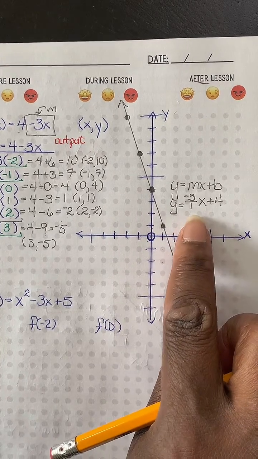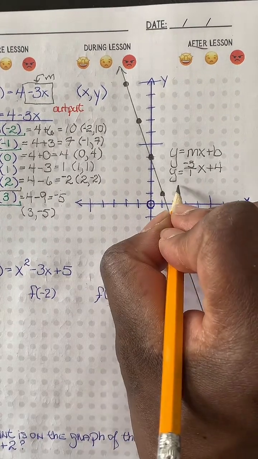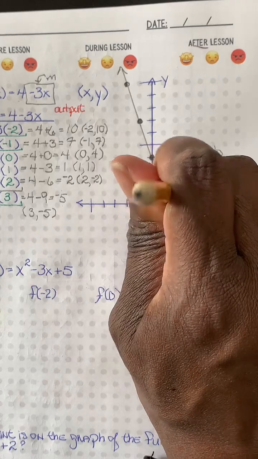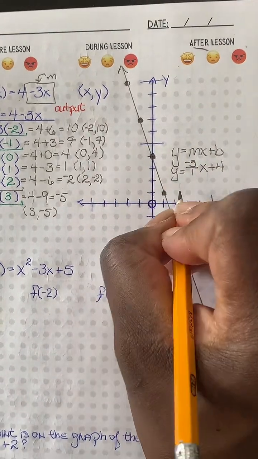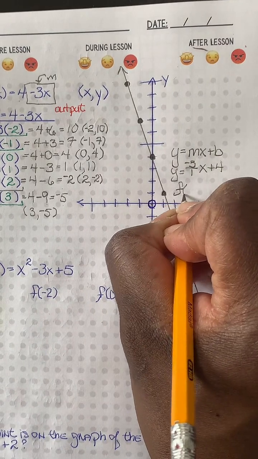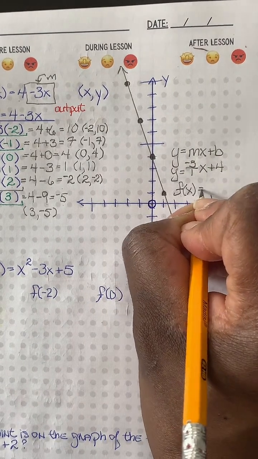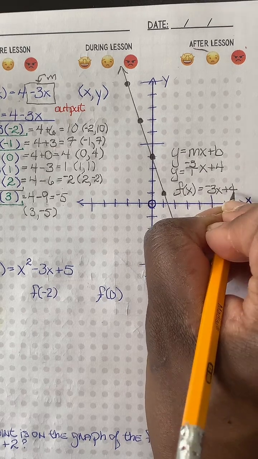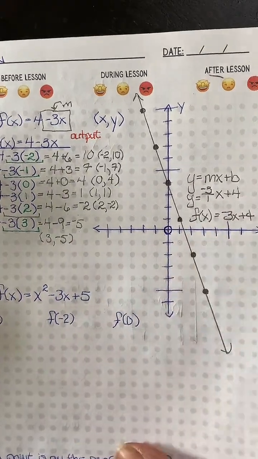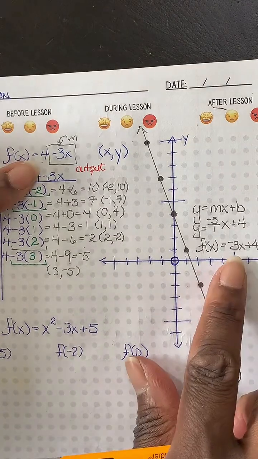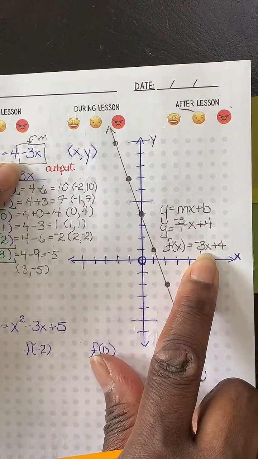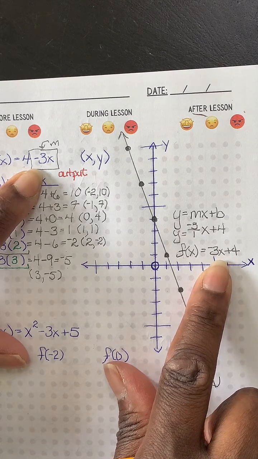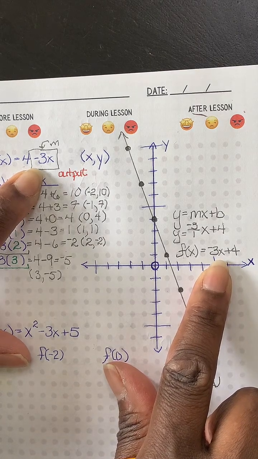If I wanted to clean that up a little bit, I would get y equals, but now I can't say y equals because we're doing function notation. So we have our f of x is equal to -3x plus 4. These two things mean exactly the same thing. All it is is just switched around. That's it.